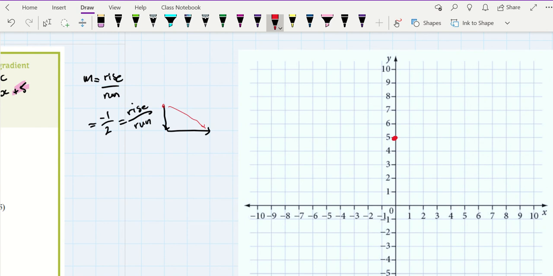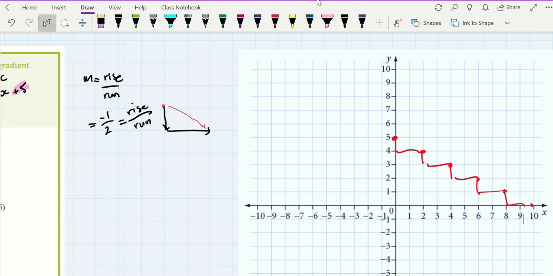And then let's calculate our rise over run. What did we say? It was going down 1 for every 2 we go across. So we go down 1 and across 2. That's going to be the next point. Down 1, across 2. Down 1, across 2.